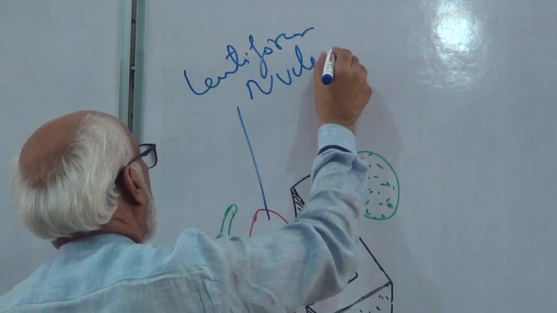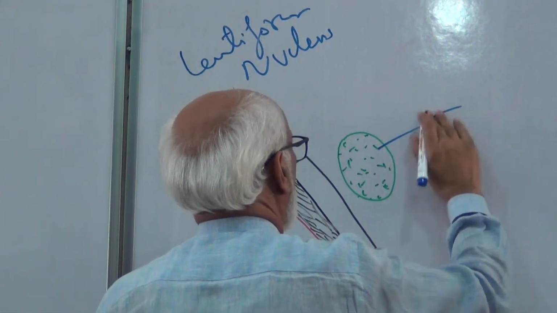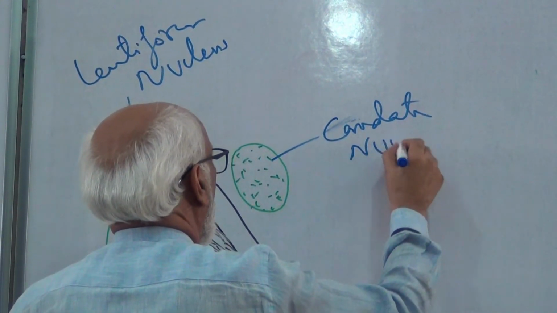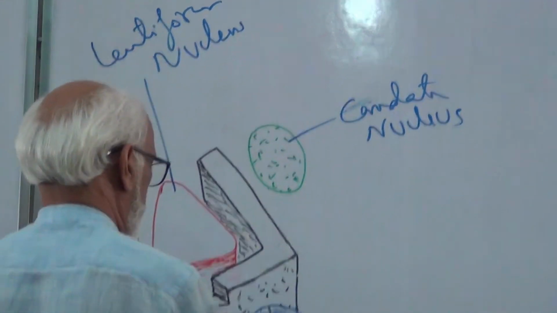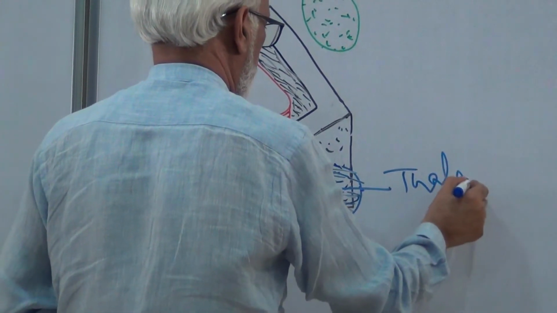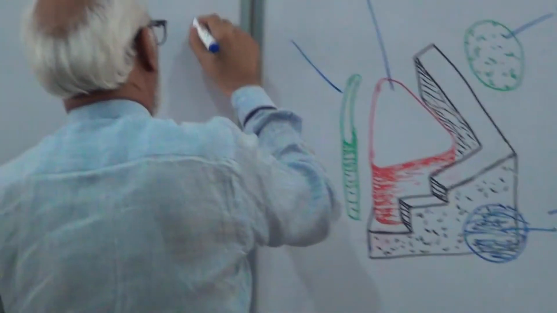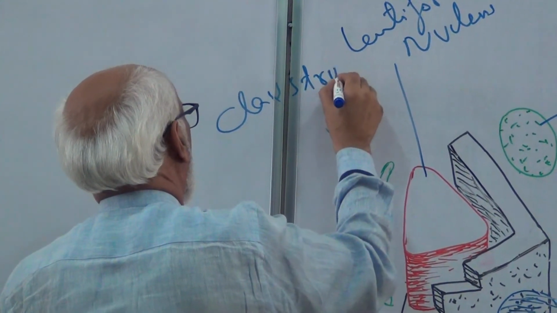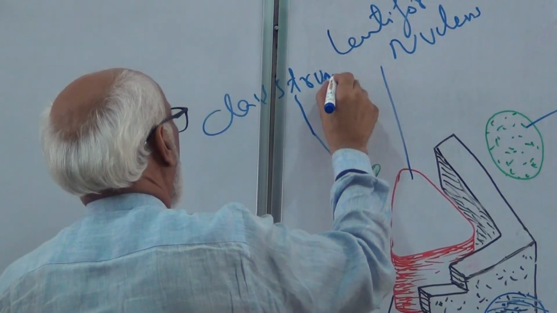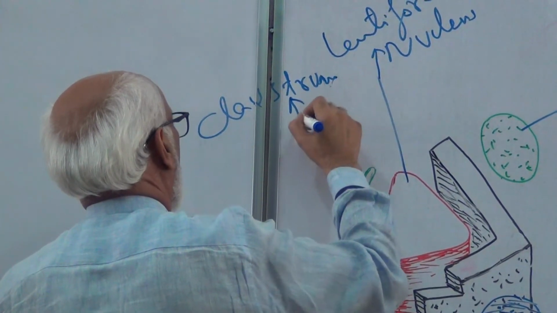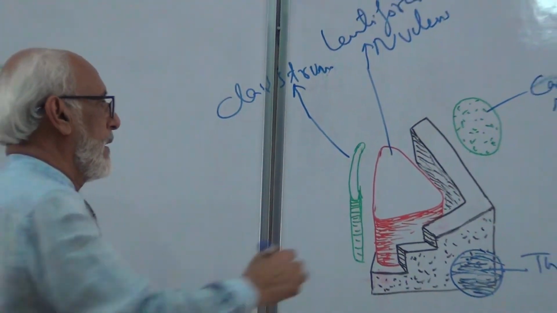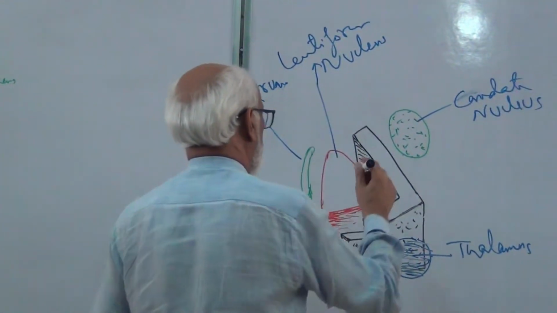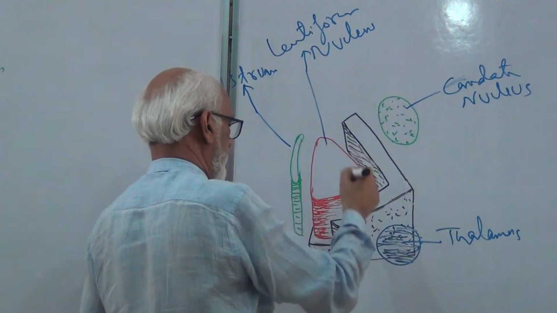Lentiform nucleus. This is caudate nucleus, head of the caudate nucleus. This is thalamus, claustrum, and in between these are the different parts of the internal capsule.